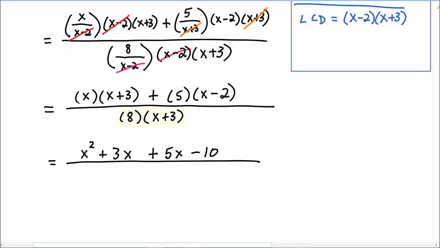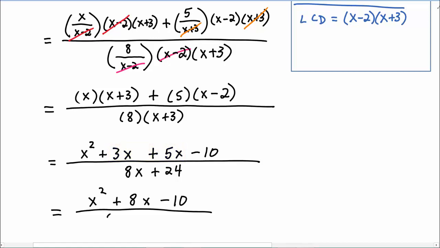In the denominator, we will get 8x plus 24, and we can combine like terms here, the 3x and the 5x. So our final result will be x squared plus 8x minus 10 over 8x plus 24.